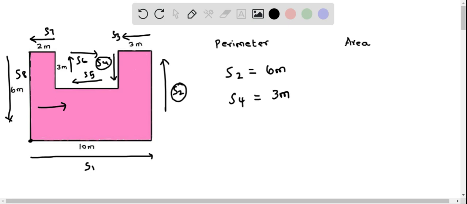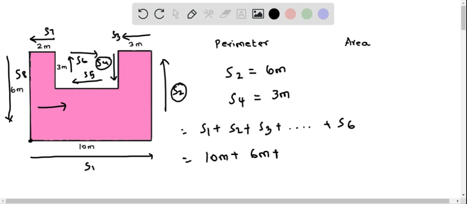Now we add up all the side lengths, that is S1 plus S2 plus S3 and so on till S8. I write it down like this. Let's put each of the side lengths. S1 is 10 meter. Side length S2, we just determined, is 6 meter, and side length S3 is 3 meter. We can look into the figure, and then we have the side length S4, which is 3 meter, plus S5.